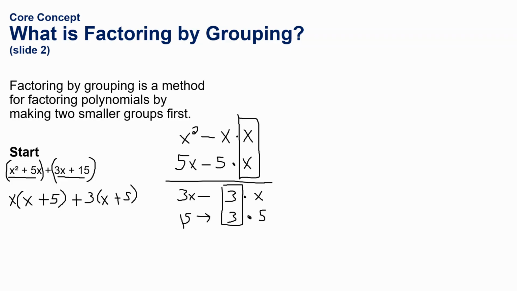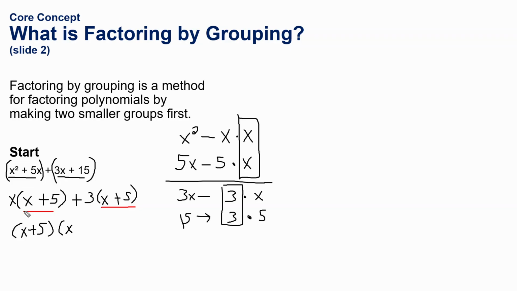From here, you will factor the common binomial that you see. Do you see that the common parentheses in each is our x plus 5? Factoring our common binomial means that we take the x plus 5 part, that becomes our first parentheses, and then the two terms on the outside of the parentheses, being x and 3, we put as our other term.